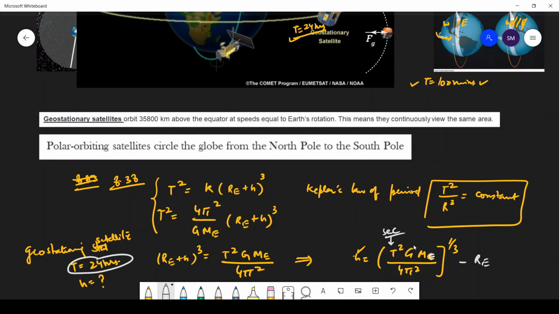Then we know the value of G, 6.67 × 10⁻¹¹, we know the mass of Earth, we know the radius of Earth, right? And we know the value of pi. So put all these values, you will find that h is equal to 35800 kilometers. Okay, so that's how we get the altitude of the geostationary satellite.